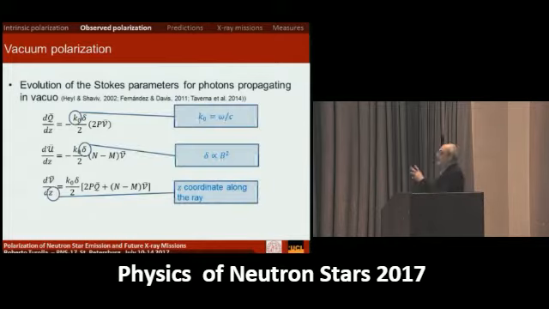A few words about the different quantities which enter in these equations. k0 is just omega over c, the photon frequency, so this is the photon wave number. This quantity delta is proportional to B squared, and of course z is a coordinate along the ray.